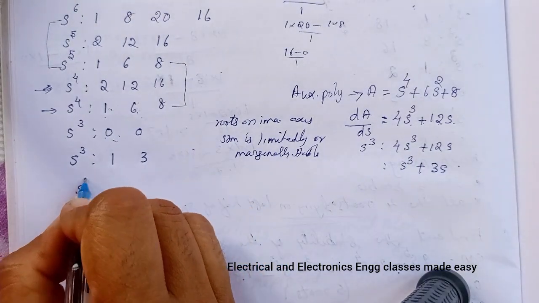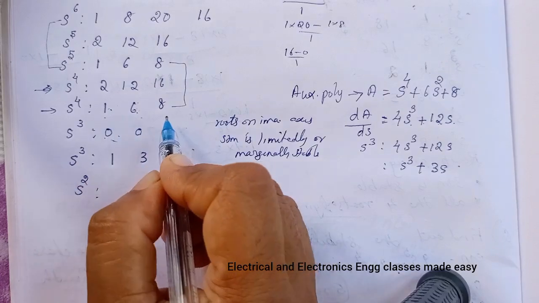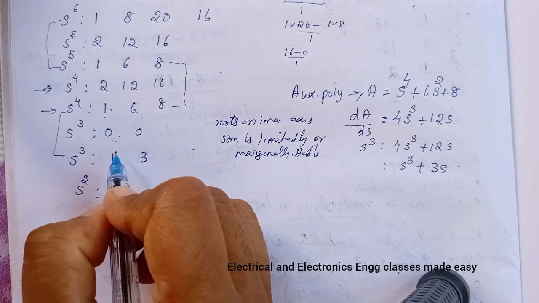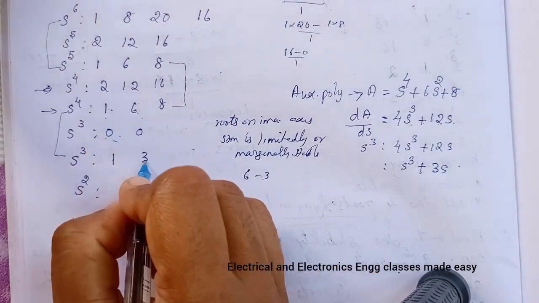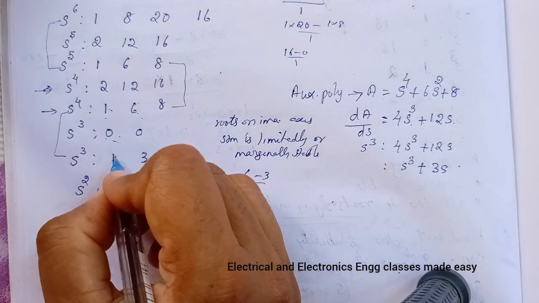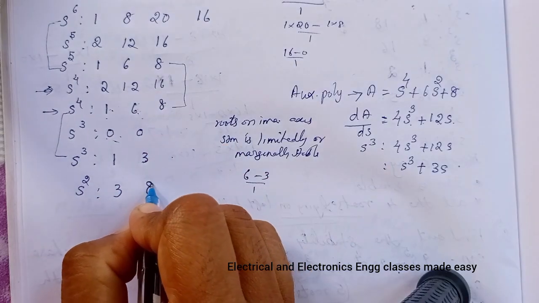So the elements of s cube is 1 and 3. Now we can construct s square, and that is obtained with the above two rows, means s raised to 4 and s raised to 3. So 1 into 6 minus 1 into 3 divided by 1, that is 3. Next is 1 into 8 minus 1 into 0, that is here we get 8.